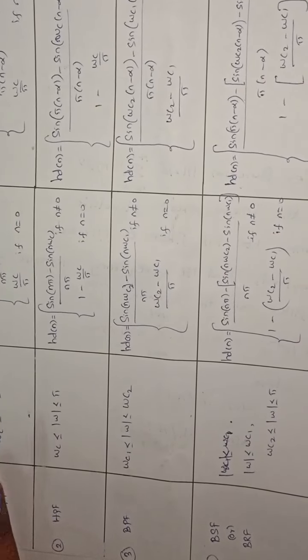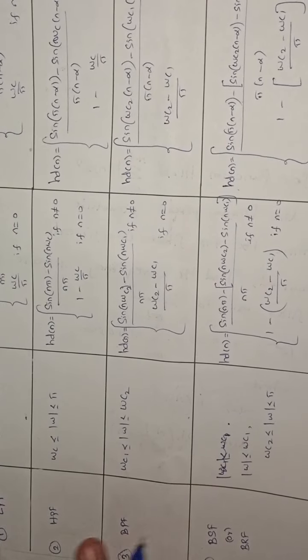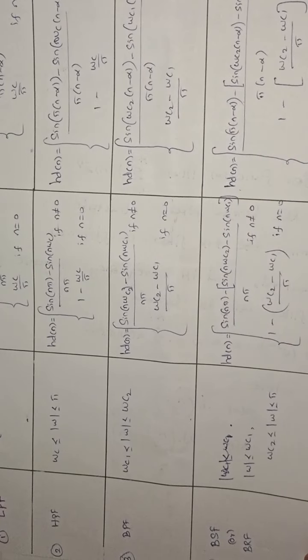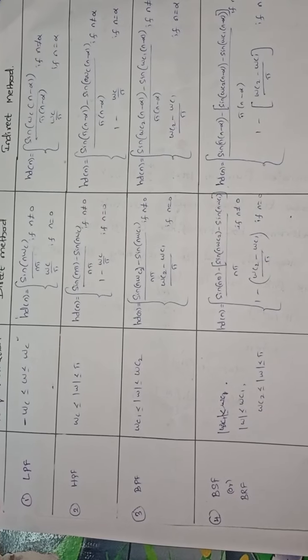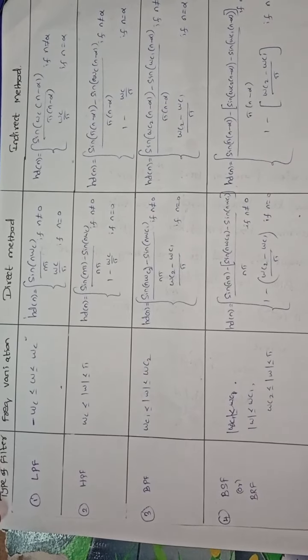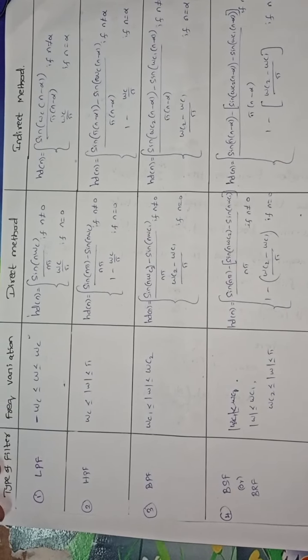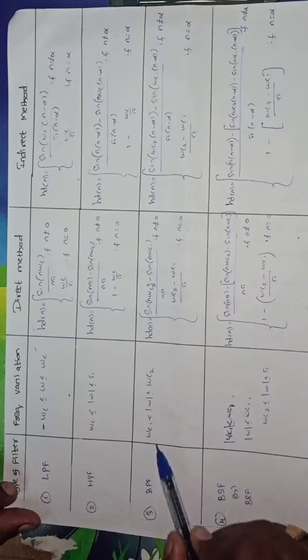These are the different types of frequency variations for different types of filters. Here, for the band pass filter, this is the frequency variation.